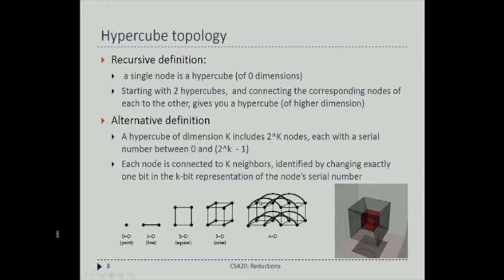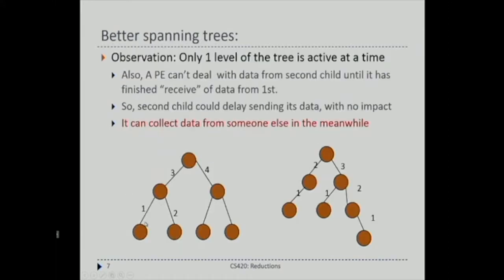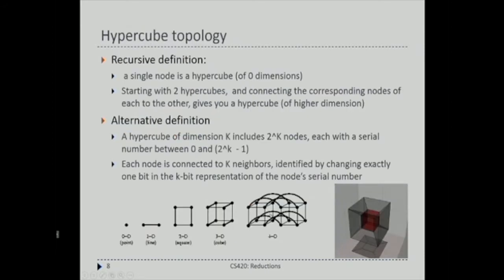There is no contention issue where this guy is getting a message from here as well as here. Everyone is getting a message from one other processor, right? And so in log p steps, there is no reason to add any factor of 2 or any other factor. It's just log p steps, you are done, right?